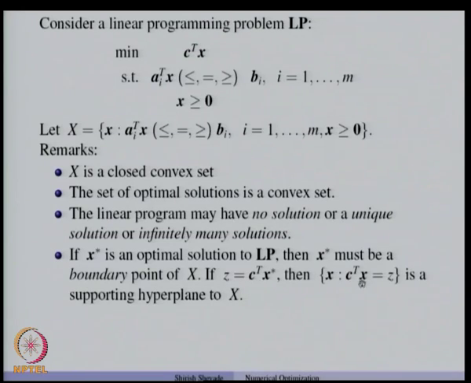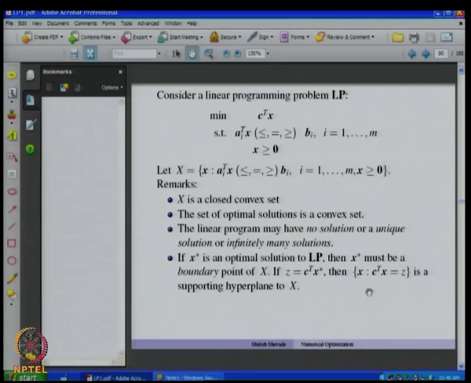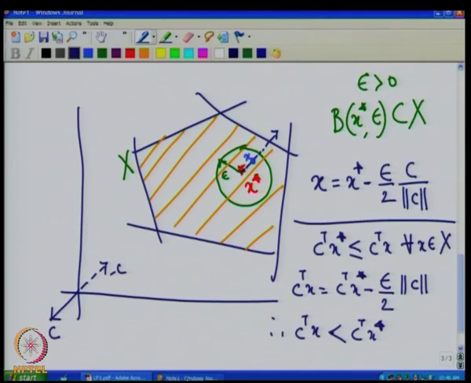Then the set of X such that C transpose X equals Z is a supporting hyperplane to the set X. So, if we move along the minus C direction, the objective function decreases, and finally, we get a plane, in this case a line, which is a supporting hyperplane to the set X, and this point turns out to be the minimum point.